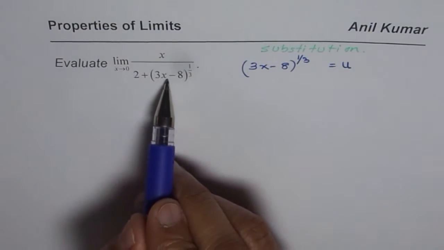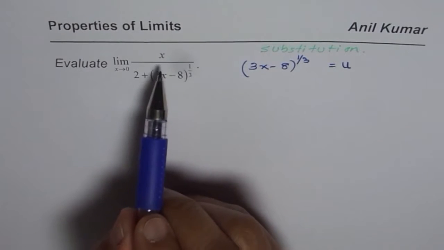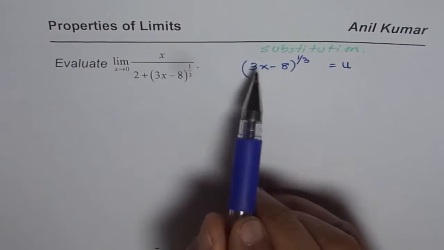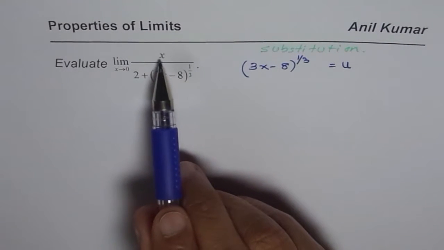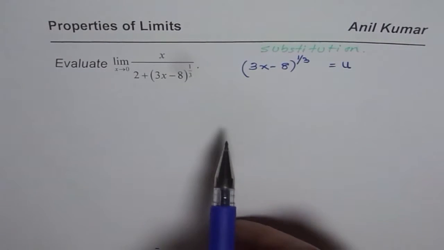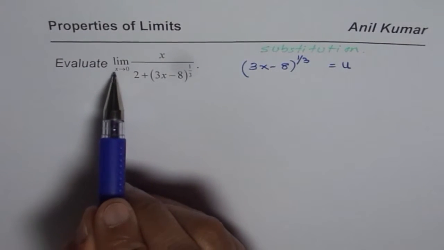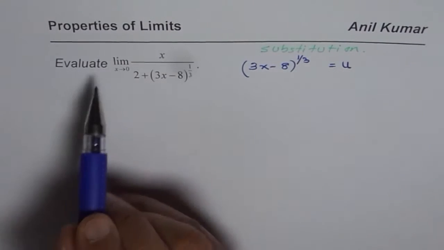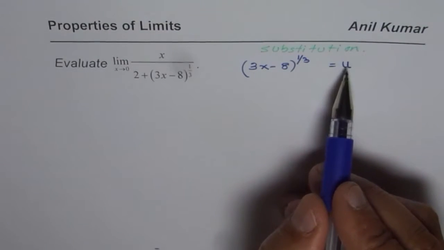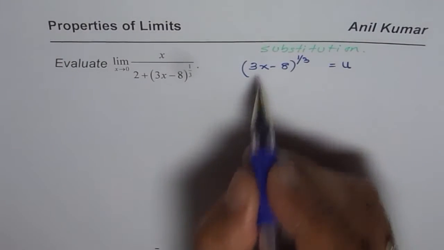So this term will be substituted by u. You also need to solve for x, so that you could substitute x in terms of u. Another thing you need to do is change the limit: when x approaches 0, what will u approach? So let's do that part now.